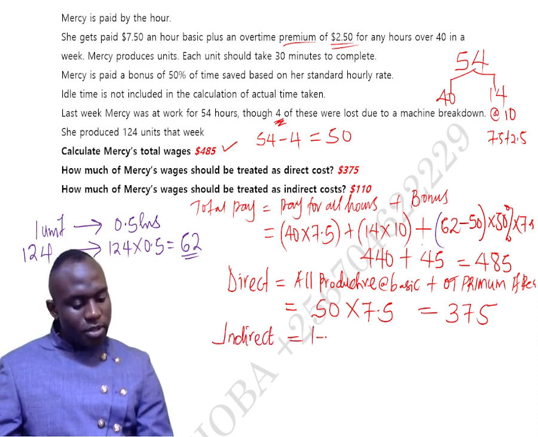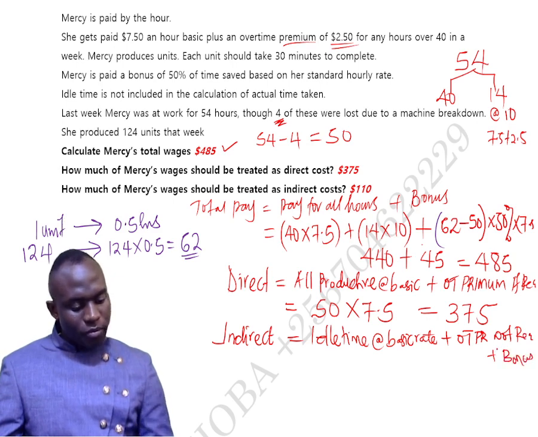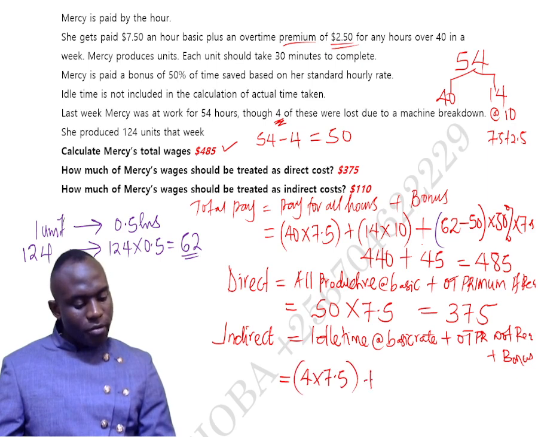And lastly, how much is the indirect? Indirect is idle time at the basic rate, then plus the overtime premium that is not requested, then plus the bonus. So how much is the idle time? There were 4 hours, at the basic rate of 7.5. Then finally plus the overtime premium.